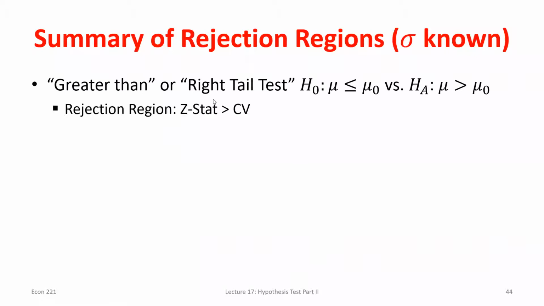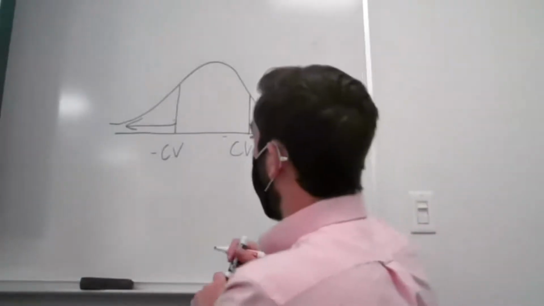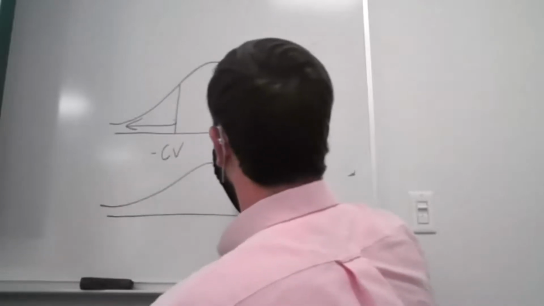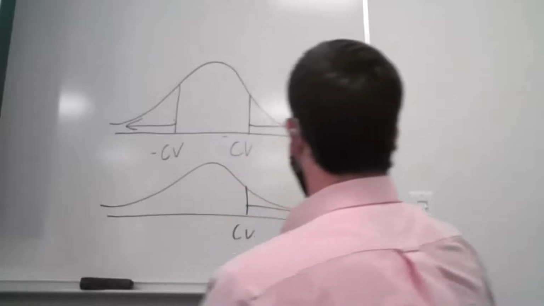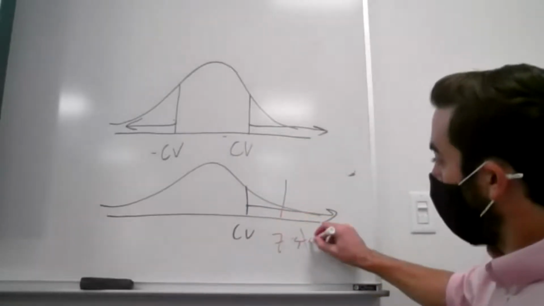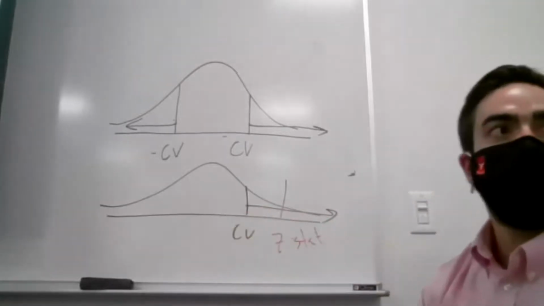So, you know, you could think about it as if my test statistic for a right-tailed test, I had it drawn and I erased it, or I drew over it. So let's think about, I think I set it for the left-tailed test, but not the right. Right? So for a right-tailed test, if my z-stat or my z-statistic, test statistic, is greater than my critical value, I would reject.